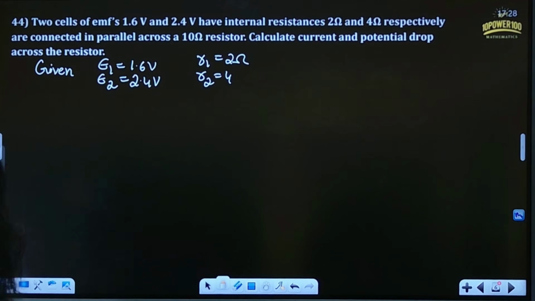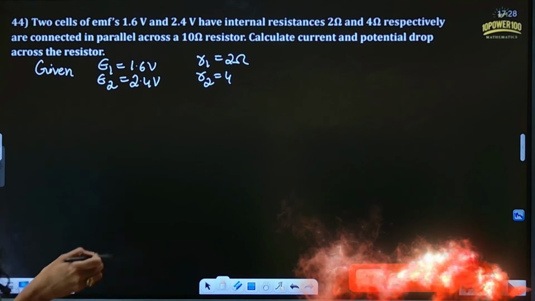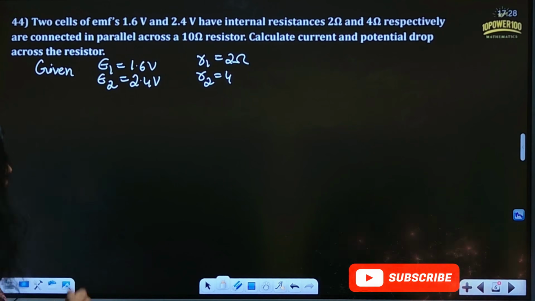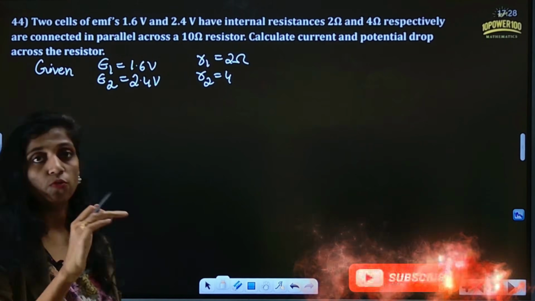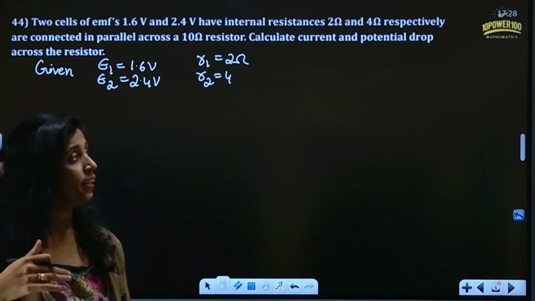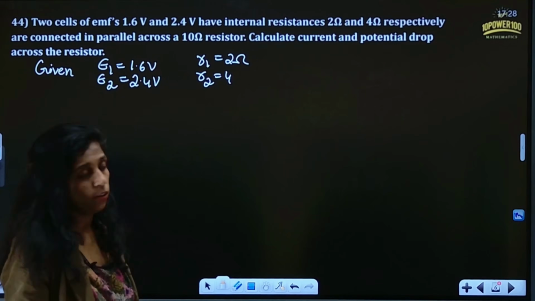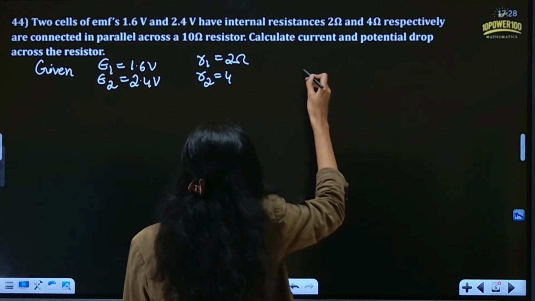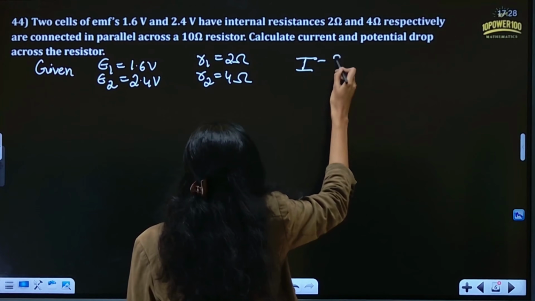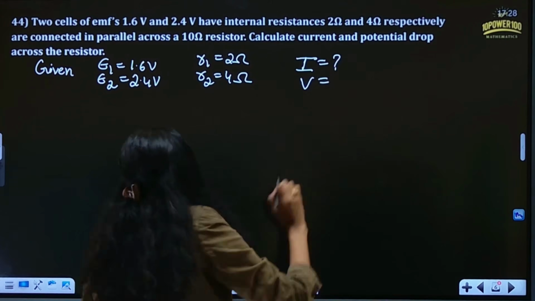They are connected in parallel, so let us use the parallel formula. We are supposed to calculate the current and the potential drop across the resistor.